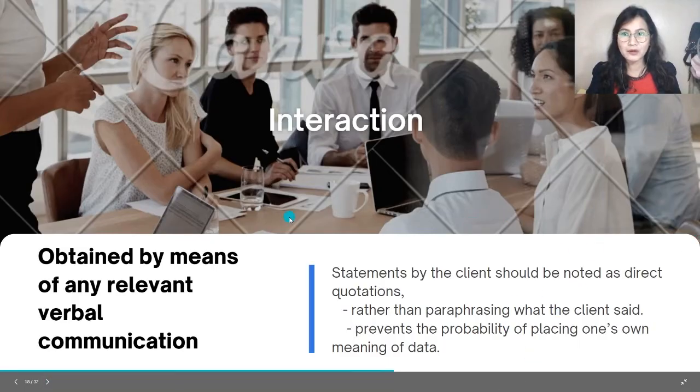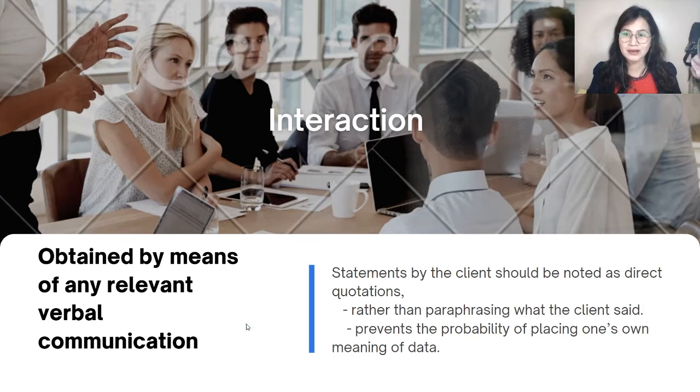Interaction data are obtained by means of relevant verbal communication with the client, healthcare personnel, or significant others. Interaction data are obtained through effective communication and interviewing skills. The outcome of interaction is data that reflect what the client said.